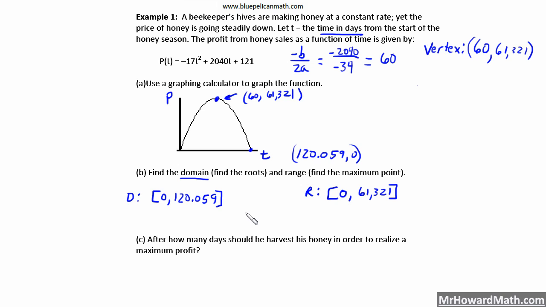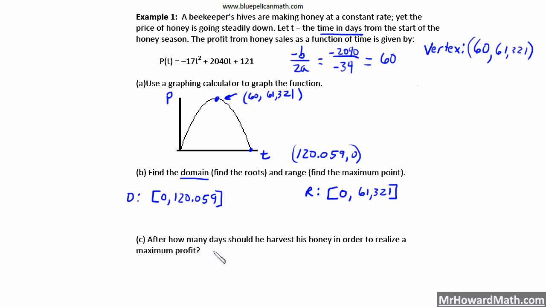Alright, so let's look at part C here. After how many days should he harvest his honey in order to realize a maximum profit? Well, let's think about it. Here's our profit, here's our time. So our parabola here, the vertex is the maximum point. That's going to be at the maximum profit, right here.